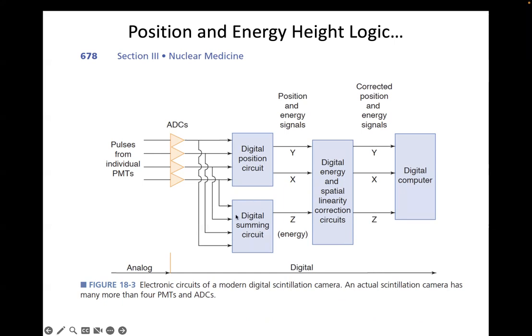You also look and make sure that all of those things that have that X and Y position sum up to a signal that is an actual event. And so that's like a logic circuit here. It says, yeah, that's an event, so take that X and Y position. And then there's a couple of corrections that you have to do on the signal depending on its energy, right? To correct where it is, and then you can make an image.